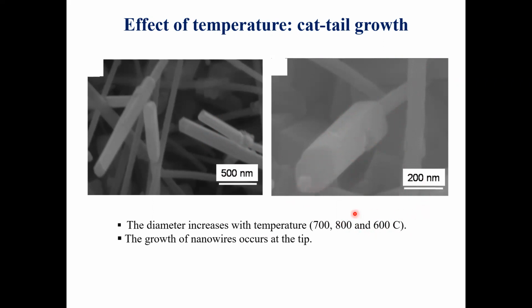That means obviously at 800, you are not only going to grow oxidation along that direction, but you will get some oxidation in the lateral direction, so the diameter increases. So this is an interesting process where you can control the diameter and length and so on.